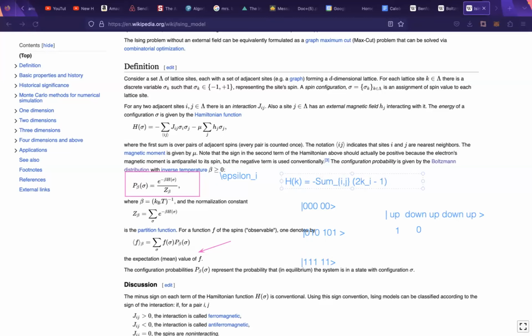Okay, and so that's the term that says this is low energy if neighboring pairs are in the same state.